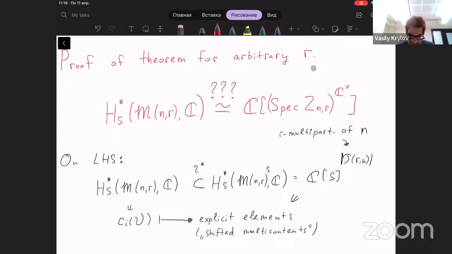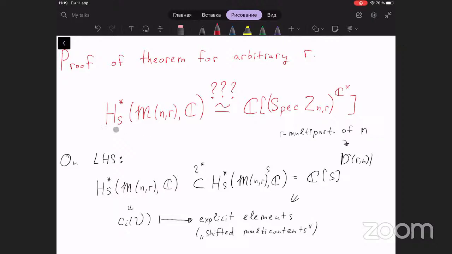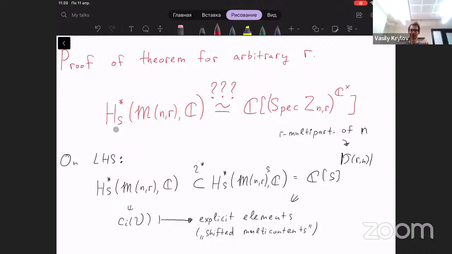So let's say 5 minutes for arbitrary R. Vasily, you can be not so modest. If you go beyond 10 minutes, it's okay. Okay, so I'll be slower. Actually, I don't have so much to say. Yeah, so I hope that I will do it in 15 minutes.